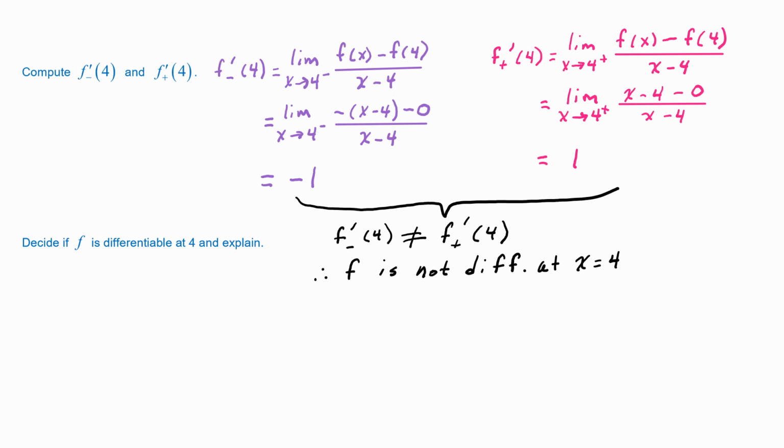Another way of saying this is we could say that f prime of 4 does not exist. So when the derivative from the left of 4 and the derivative from the right of 4 were different values, we can say that the derivative at x equals 4 does not exist, and that means f is not differentiable at x equals 4.